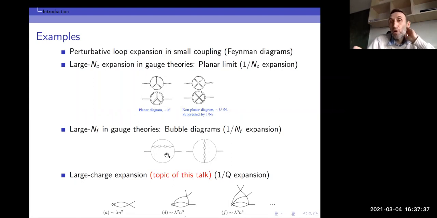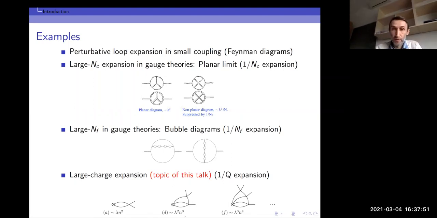So basically, to leading order in this expansion, you just dress every gluon line with these bubbles, and you try to resum them, which is actually possible. And this will be the leading term in the 1 over N_F expansion. And again, it's calculable, and you can work around this limit, consistently defining higher order terms.